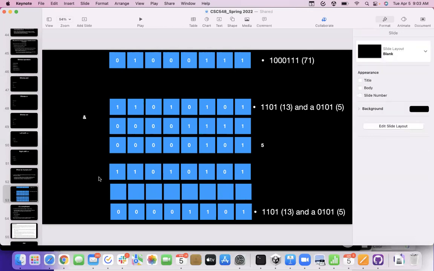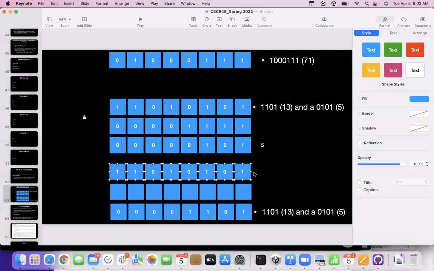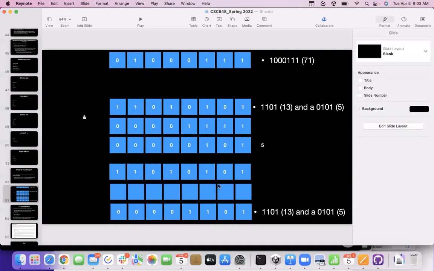All right, so now, again, here's my original value that's storing both the 13 and the 5.